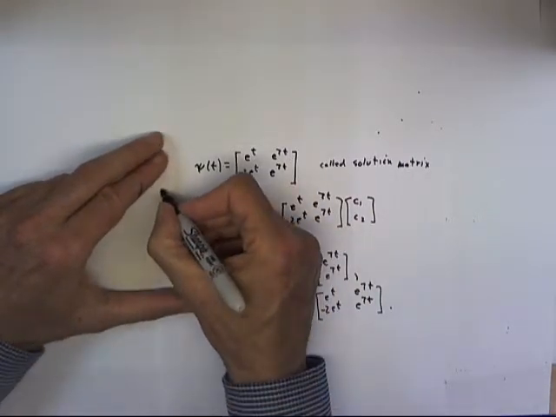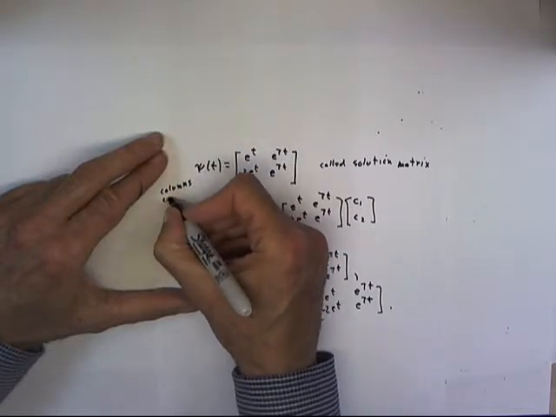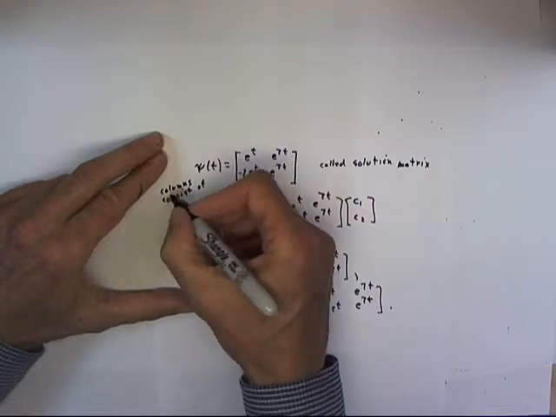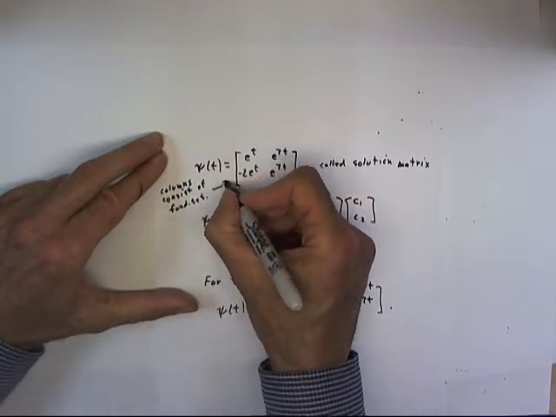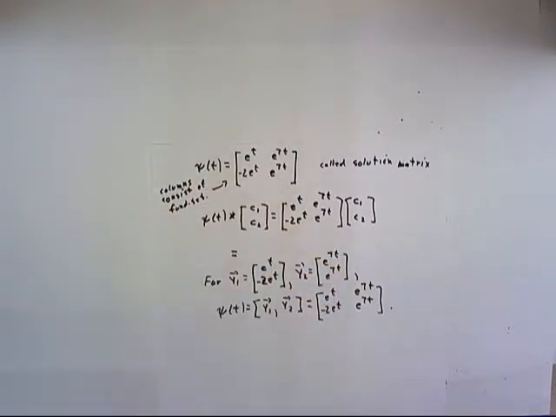Okay, so columns consist of a fundamental set. Remember, when we solved these equations, we had some arbitrariness in our choice of the x1, x2 vectors.